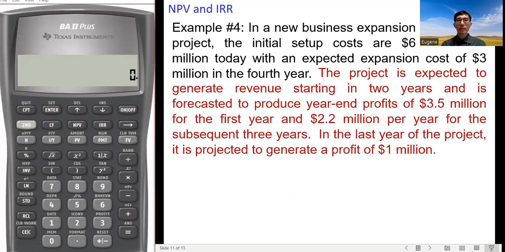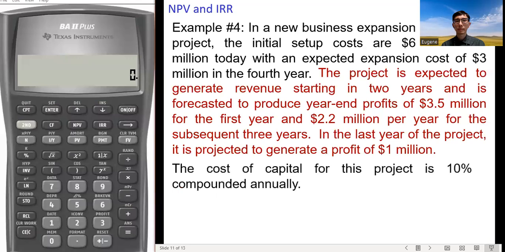The project is expected to generate revenue starting in 2 years, and is forecasted to produce year-end profits of $3.5 million for the 1st year and $2.2 million per year for the subsequent 3 years. In the last year of the project, it is projected to generate a profit of $1 million. The cost of capital, 10% compounded annually.